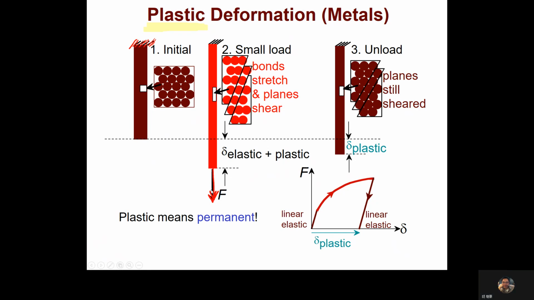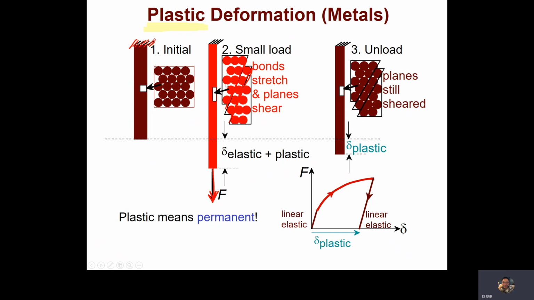This means the metal atoms will slip along the close-packed plane, as we already mentioned in previous chapters. So the metal will slip along the slip plane, the close-packed plane, and of course the bonds between the planes of atoms are stretched.